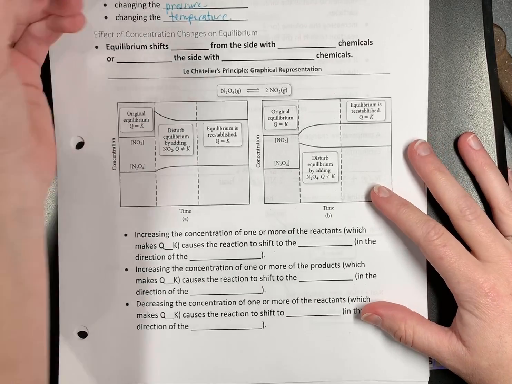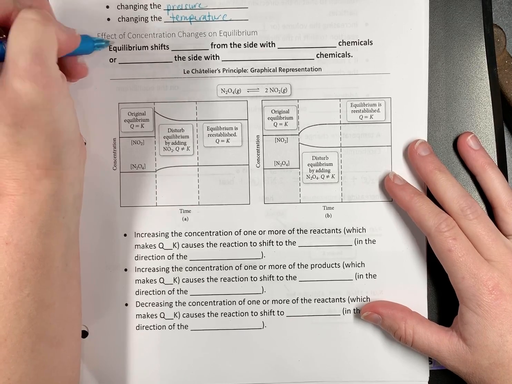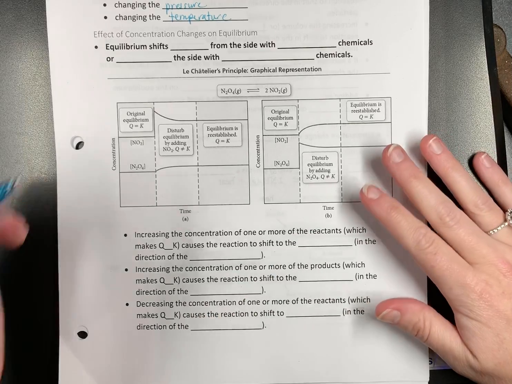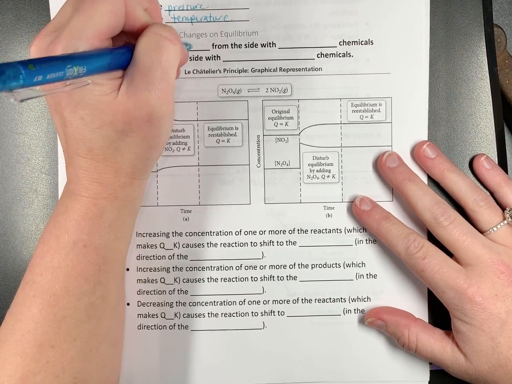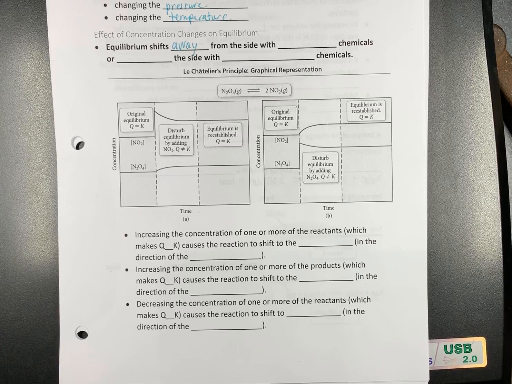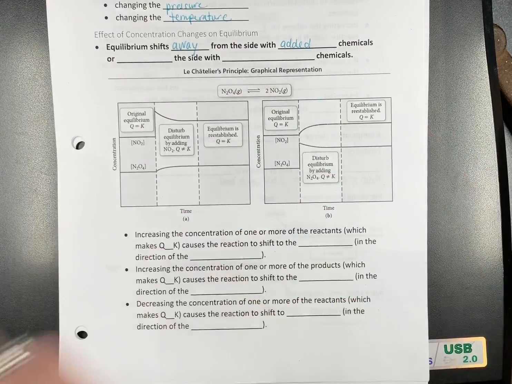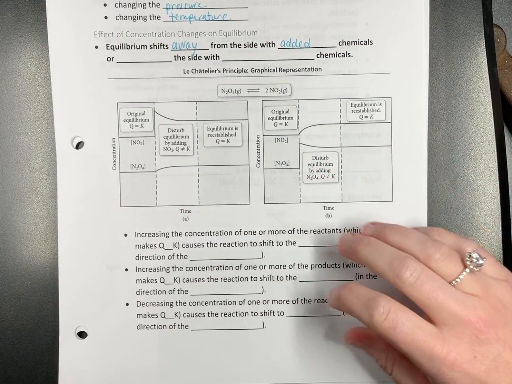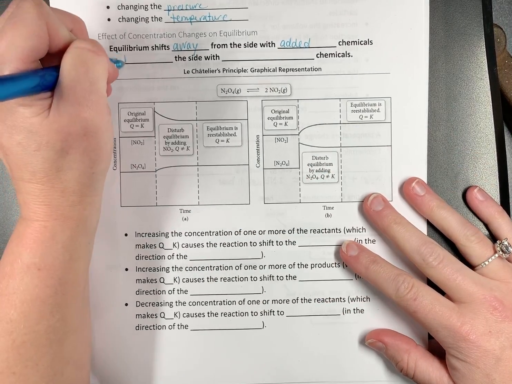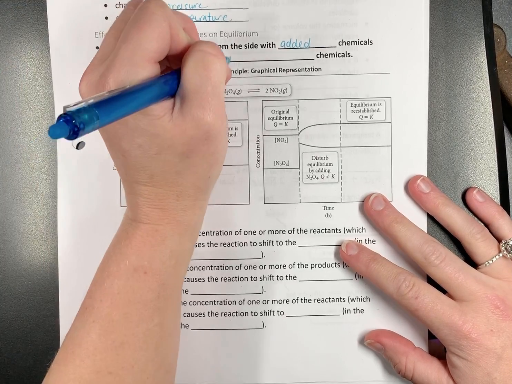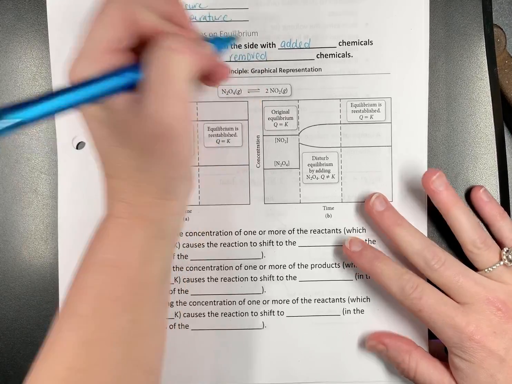Okay, so if you have a reaction that's at equilibrium and you change the concentration of either the reactants or the products, the equilibrium is going to shift away from the side with the added chemicals, or it's going to shift toward the side with removed chemicals.